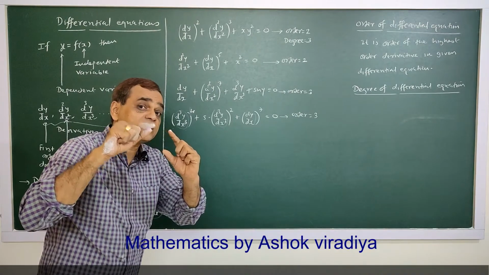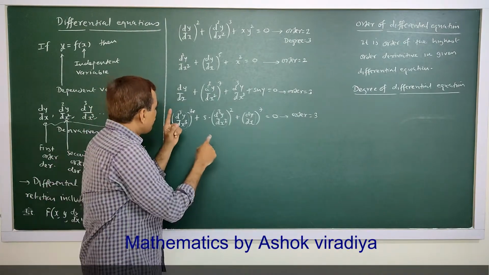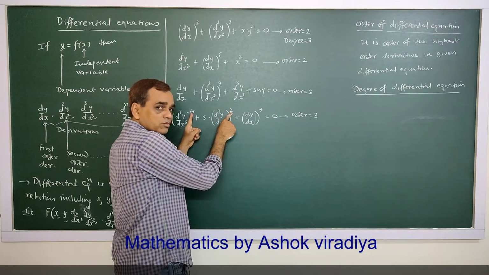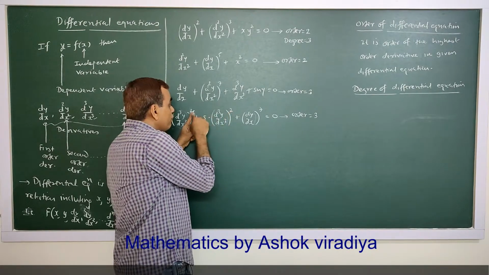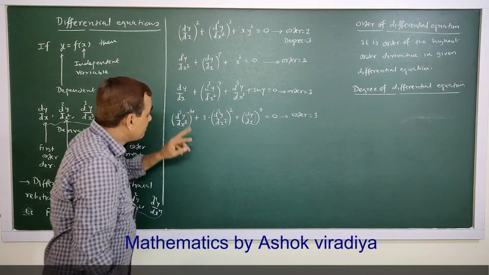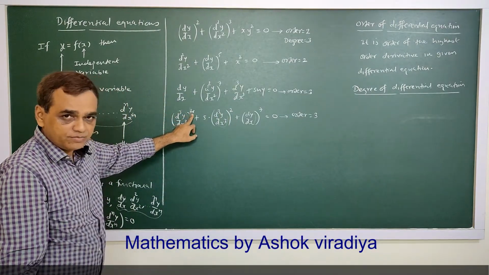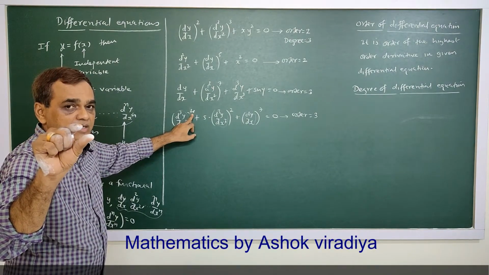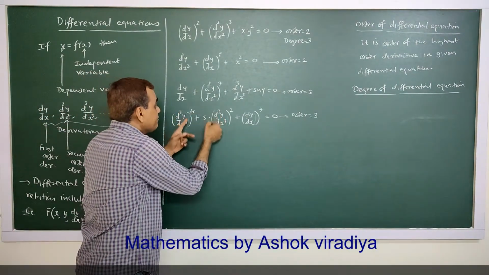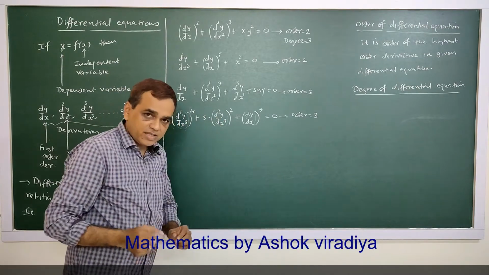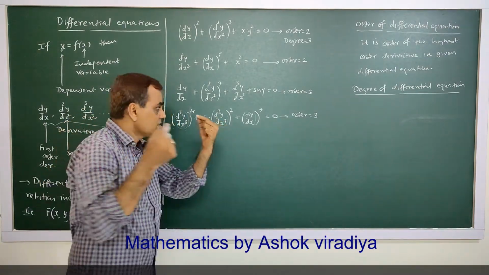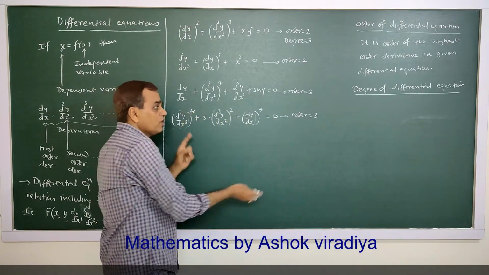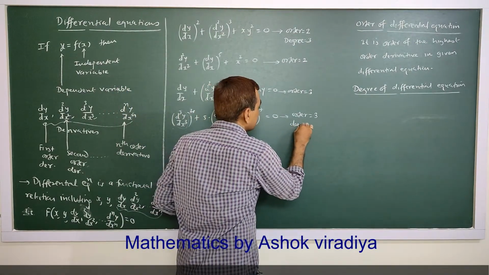Then observe its power. Here it is 4, and here it is 2. So out of 4 and 2, the highest power is 4. If highest order derivative terms are repeating, then observe their power and take the highest power. Highest power is 4, so degree is 4.